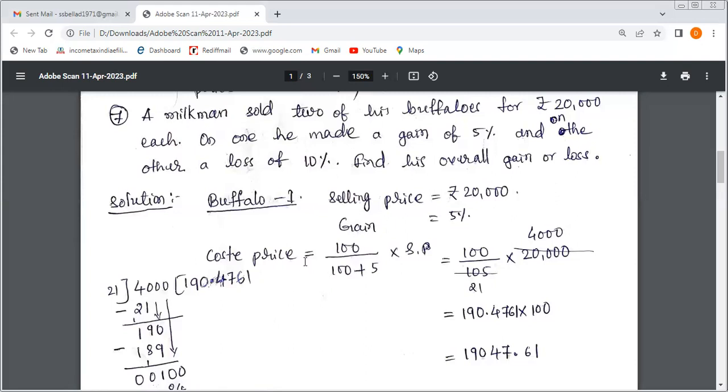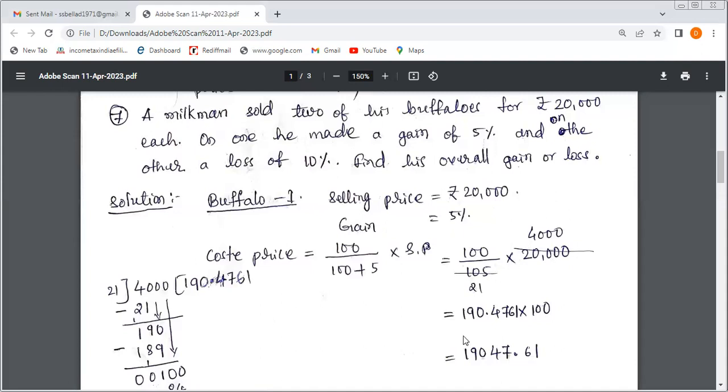The cost price is calculated in this way using the regular formula: 100 divided by 100 plus gain, gain is 5% here, into selling price. So this is 100 divided by 105 into 20,000. 20,000 is the selling price.